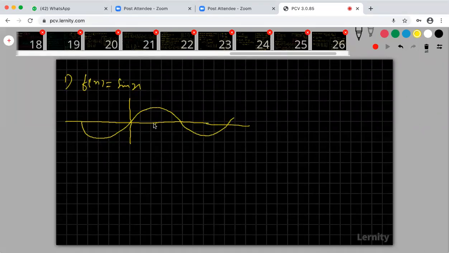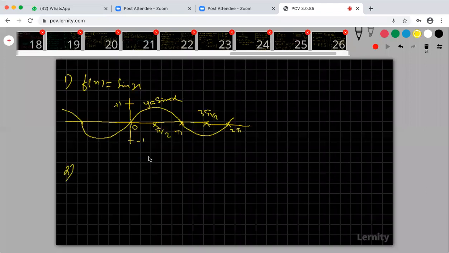Here it is pi by 2, here it is 0, here it is pi, here it is 3 pi by 2, here it is 2 pi. This is plus 1, this is minus 1. The values of sin x and cos x lie only between minus 1 and plus 1. y is equal to sin x, or f of x is equal to sin x.